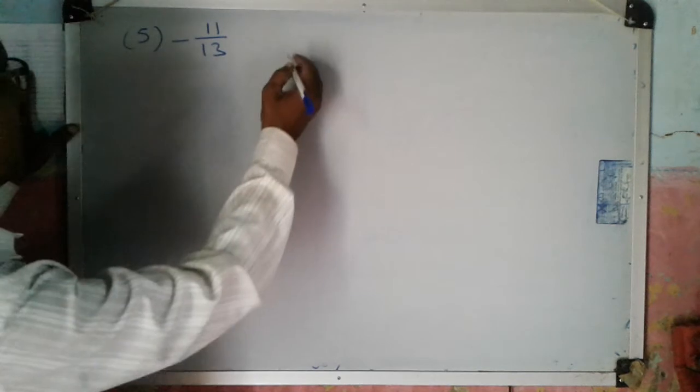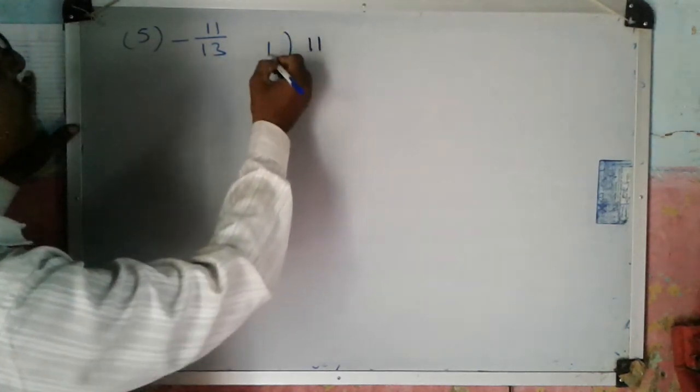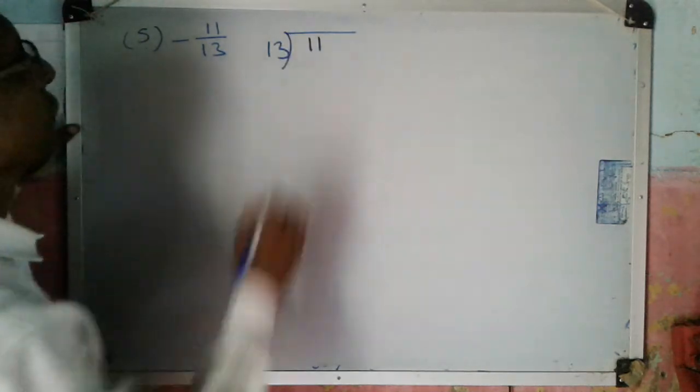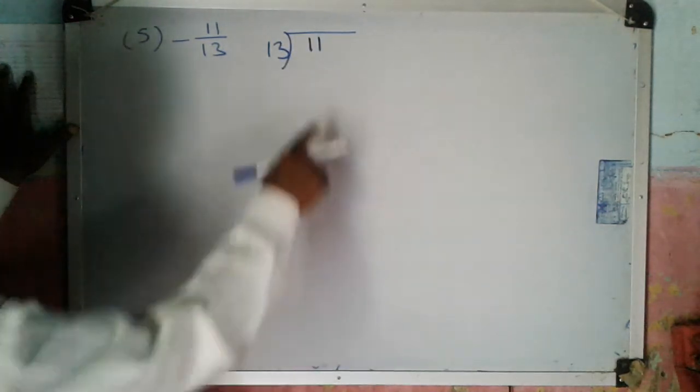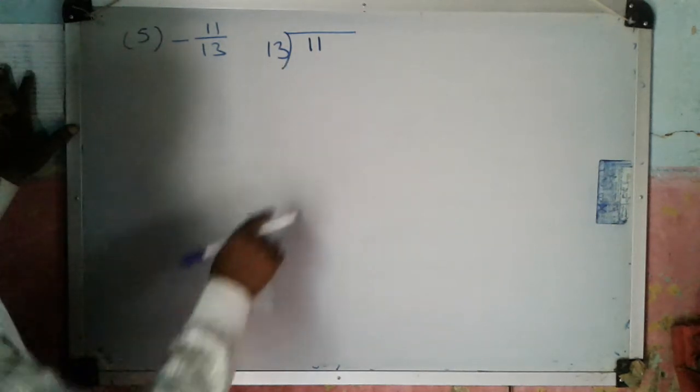Now example number 5, minus 11 upon 13. We have to write this rational number in decimal form. So divide 11 by 13. Here the divisor is greater than the dividend, so we cannot divide it.